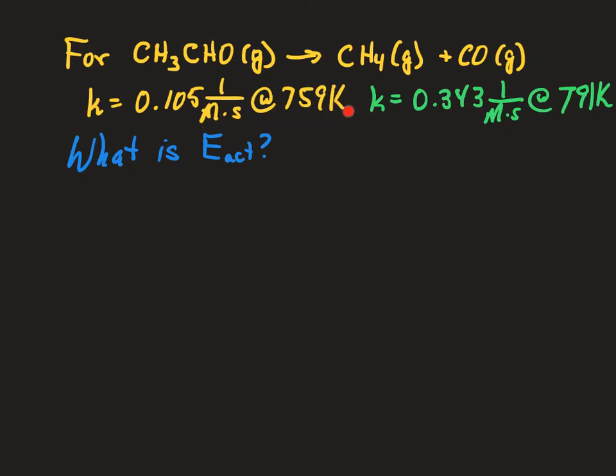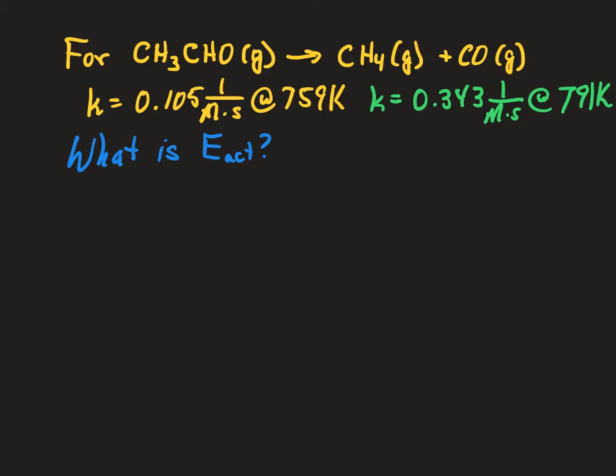So at 759 Kelvin, they found out that the rate constant is this. Again, it's second order, we can tell from the units of the rate constant. At 791 K, they found a different rate constant. The rate had gone up as the temperature went up. And so the question is, given those 2 points, what is the activation energy?